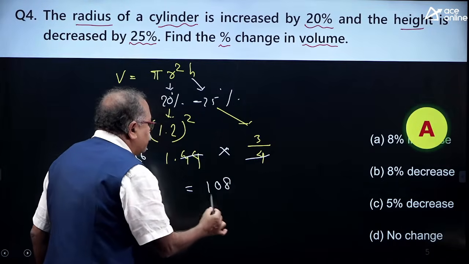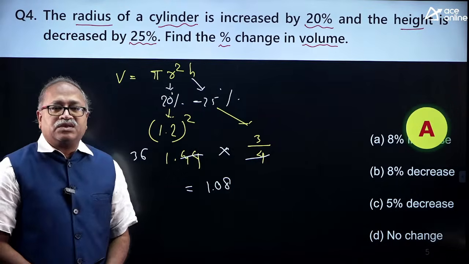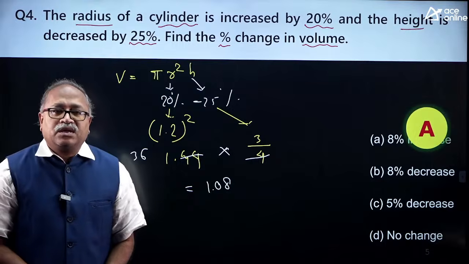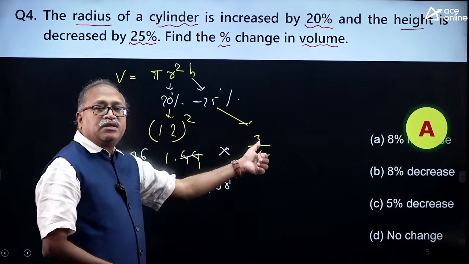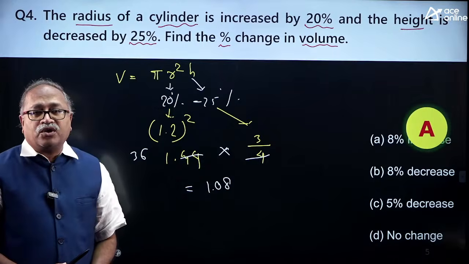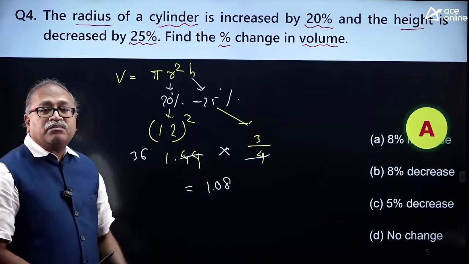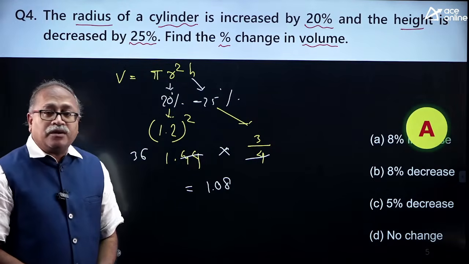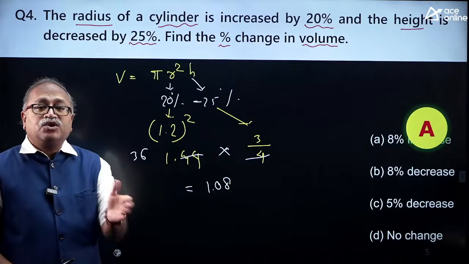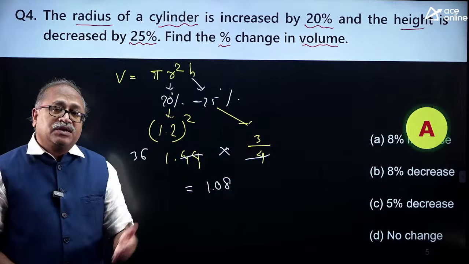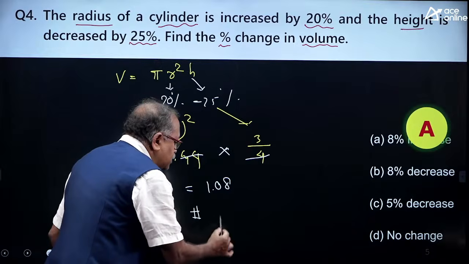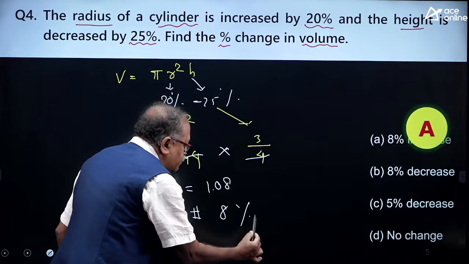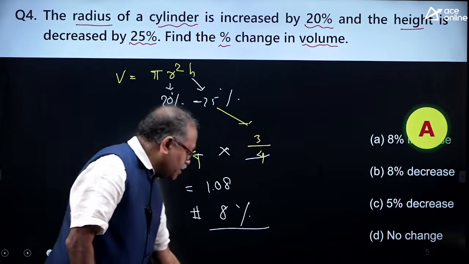I am not writing everything step by step, the way we write in the exam, I am writing in the same way. So 36 into 3 is 108, so the 1 becomes 1.08. So what is the increase? 0.08. So what is the percentage increase? 8% increase. So my answer is 8%. The volume is increased by 8%.